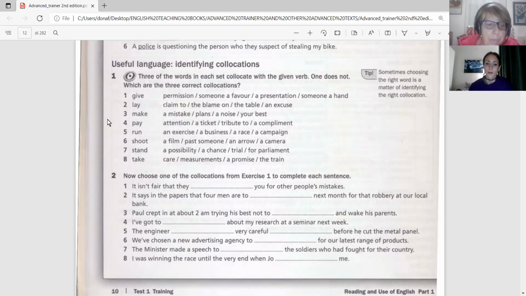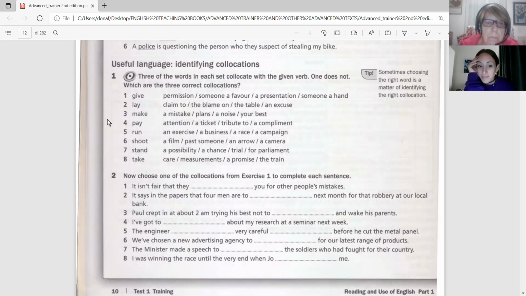Shoot a film, shoot past someone, shoot an arrow, shoot a camera. Shoot era colpire, sparare, depends.